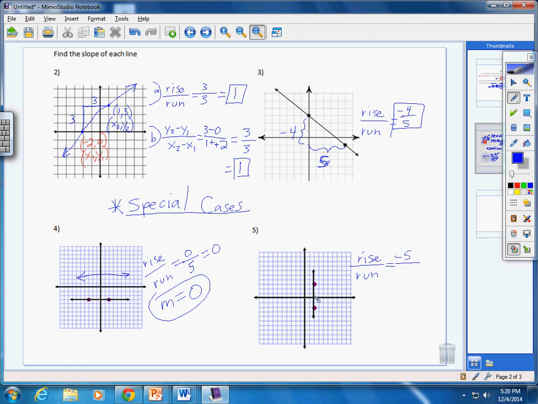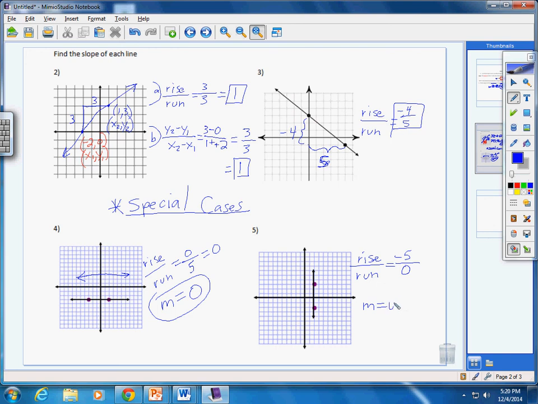And what is our run? Well, we just dropped 5. I'm already at my point. I'm not actually running. I'm not going left or right at all. So that's 0. Hopefully you remember that you cannot divide by 0. You can't. It's impossible. So we do not say that we have a slope of 0.